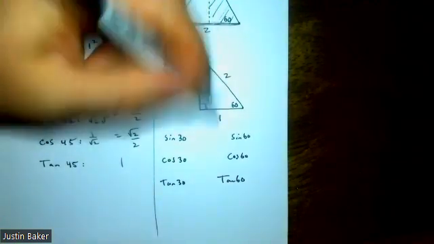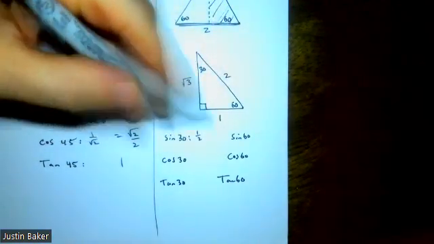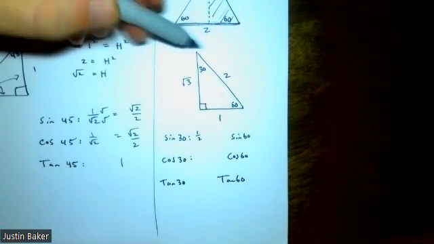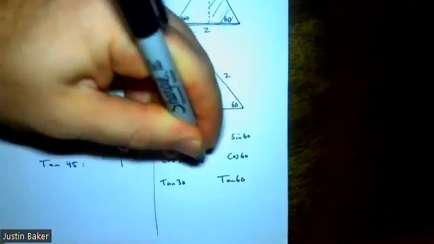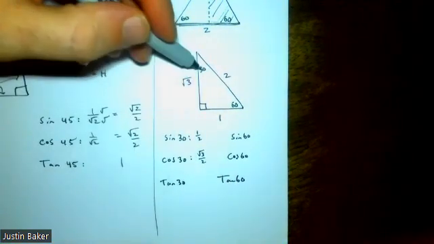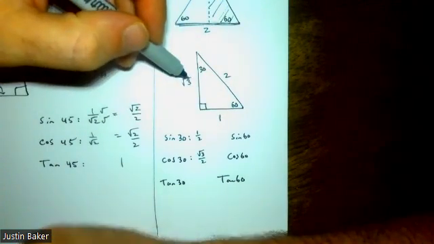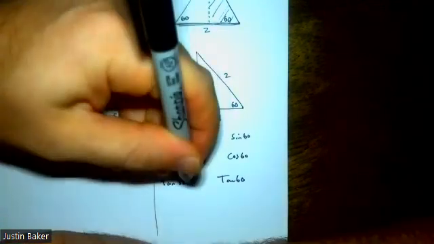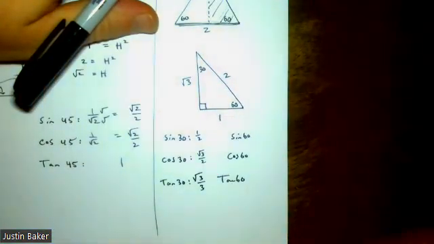So that's going to be 1/2. The cosine of 30 is going to be the adjacent over the hypotenuse. So that's root 3 over 2. And the tangent at 30 is going to be the opposite over the adjacent. That's 1 over root 3. If you rationalize that, that's root 3 over 3.